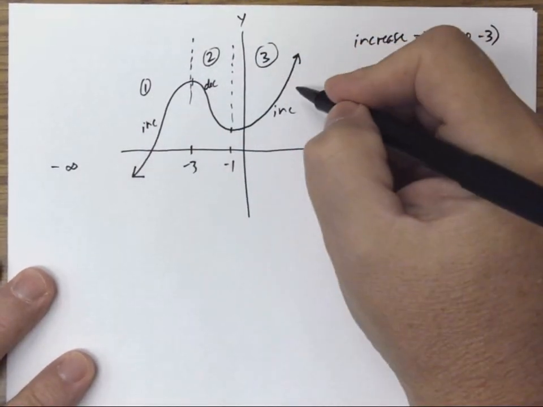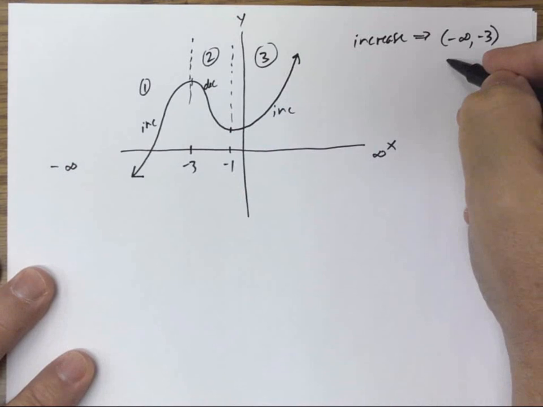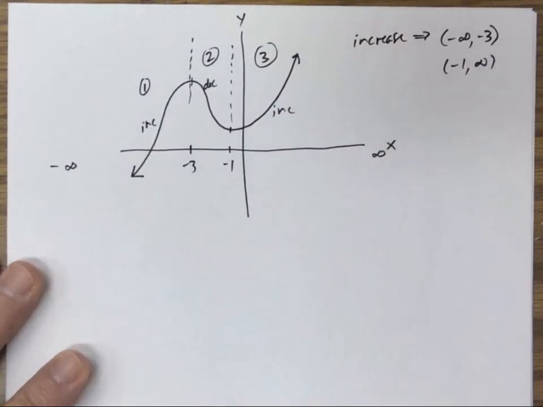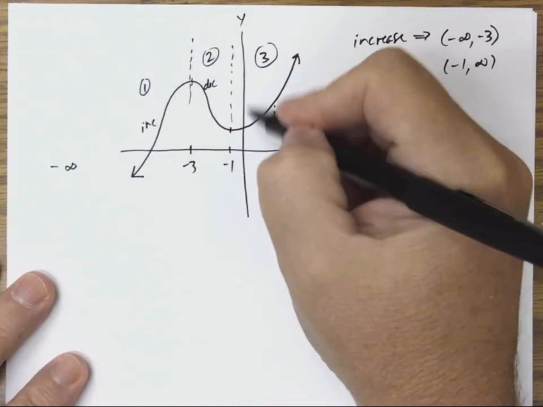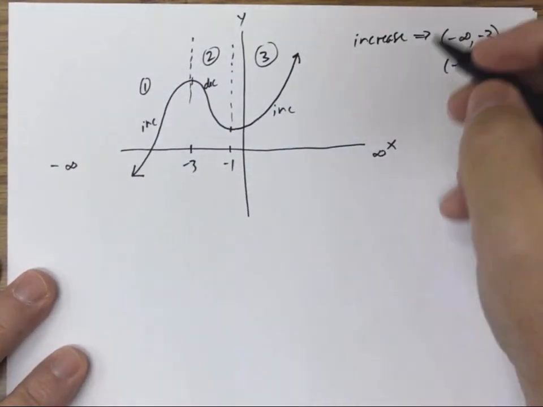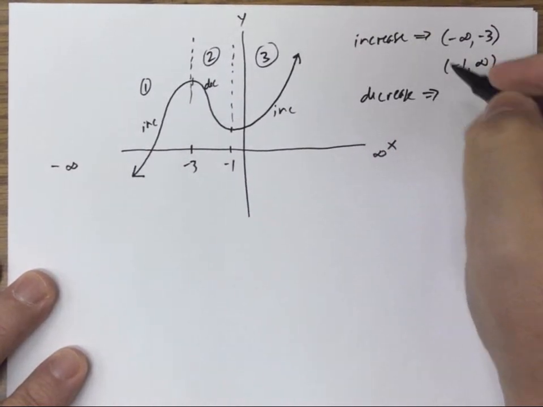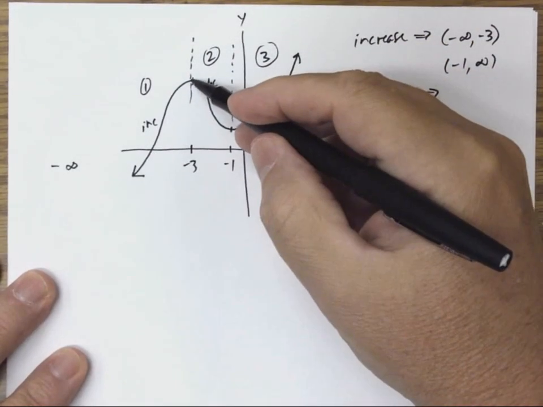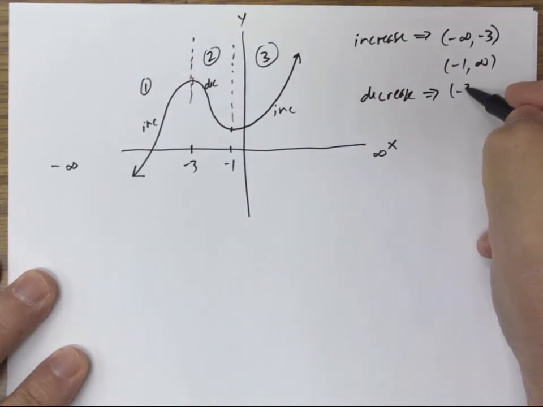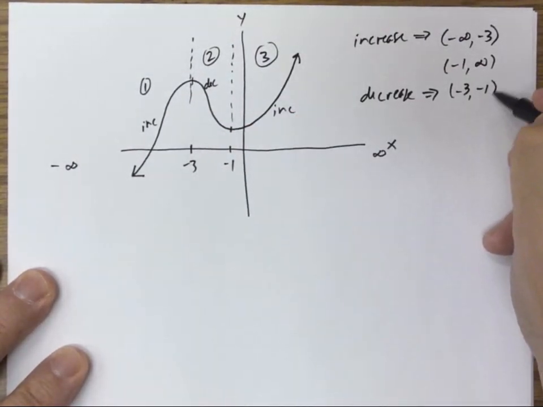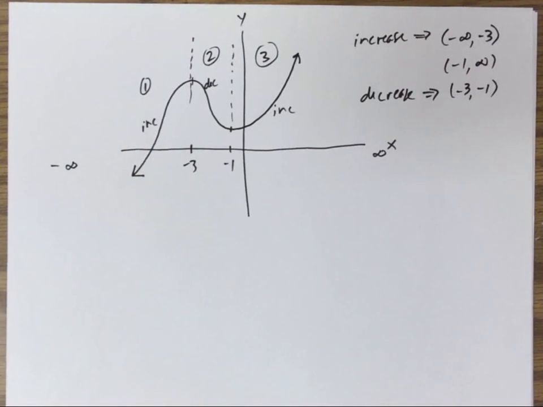There's also another region where it increases that starts at -1, and this time it goes to infinity. So these two are my increasing regions. I do have a region where the graph is decreasing, and it starts at -3 and decreases until it gets to -1. So graphically, pretty easy to see.